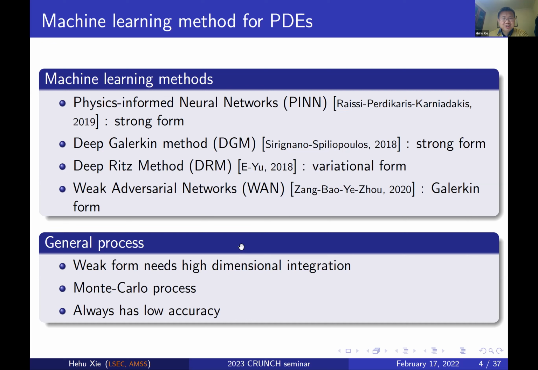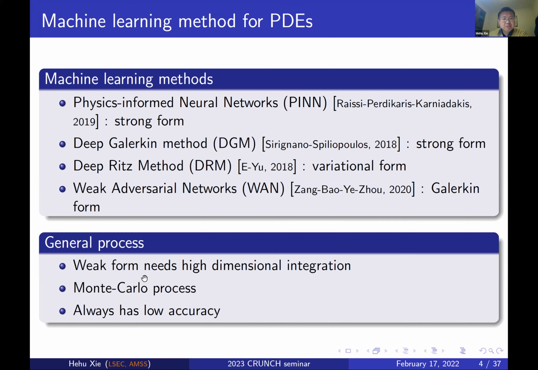Our way is to use the variational form, Deep Ritz or Galerkin, and then we always use weak forms of the PDE.